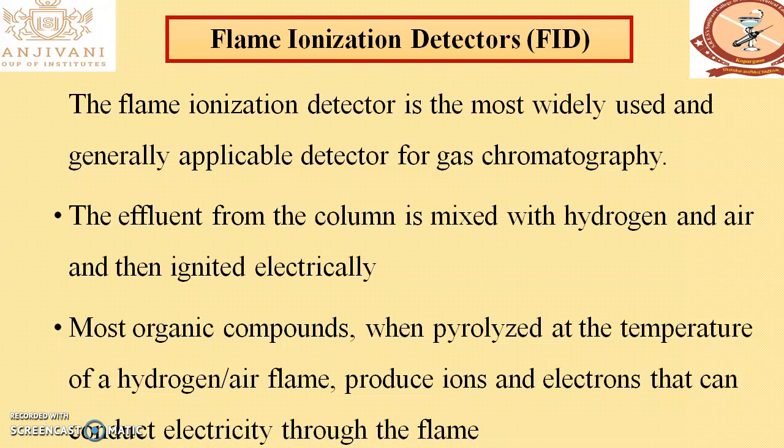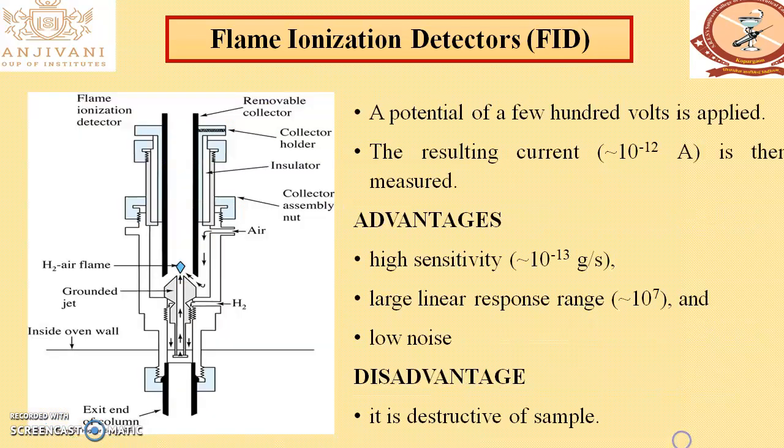FID is exceptionally useful when analyzing complex samples like those of the petroleum industries, where the samples may have well more than 1000 components. Petroleum products are mainly hydrocarbon mixtures, and the flame ionization detector is very easily used in petroleum industries.